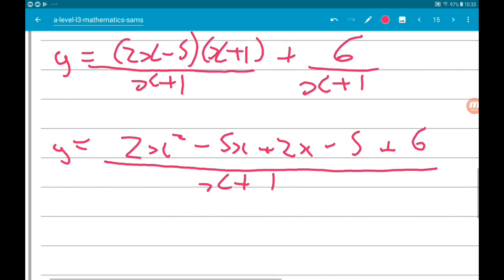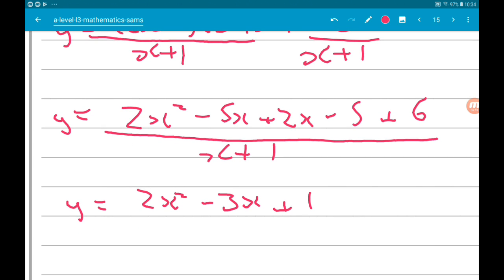So then finally y is 2x squared minus 3x add 1 all over x add 1.